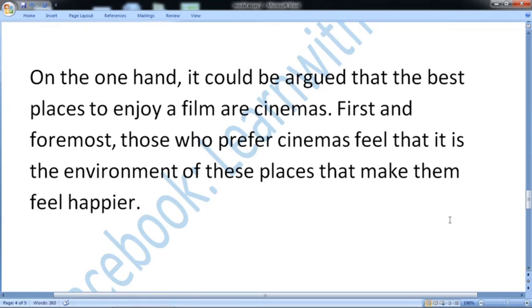There is environment of these places that makes them feel happier. So this is my first point, and now I need to expand what I mean by the environment.